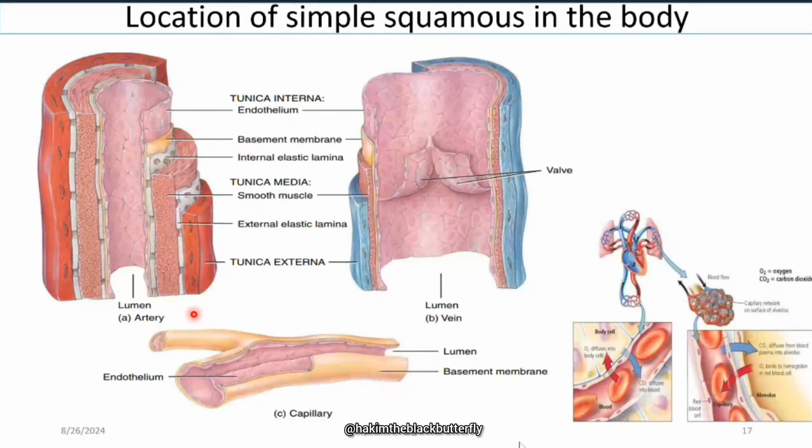Okay, so this layer is going to be smooth enough to allow easy flow of blood within these blood vessels. Blood has to flow smoothly through the blood vessels. And to flow smoothly, we need a smooth interface. This smooth interface is created by the endothelium. Normally, whenever blood meets a rough surface, it will clot.